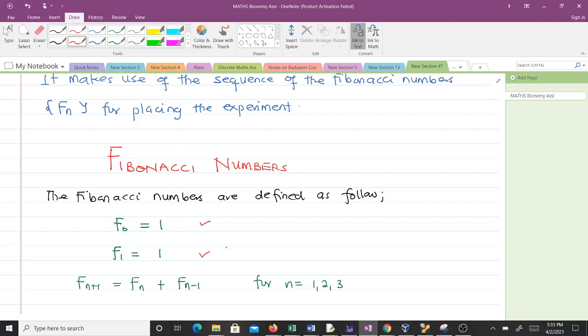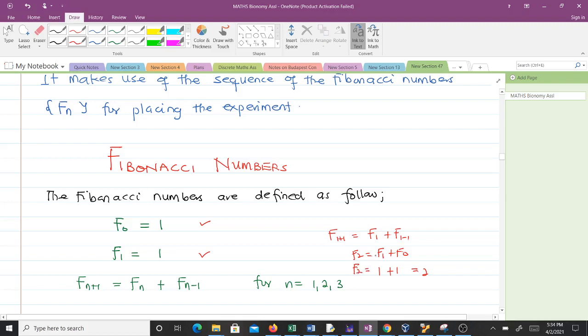So for instance, when n is 1, 2, 3. When n is 1, we will have f subscript 1 plus 1 equal to f1 plus f subscript 1 minus 1, which is the same as f2 equal to f1 plus f0. So f1 is 1, f0 is 1, and that gives you 2. So that means f2 is 2.